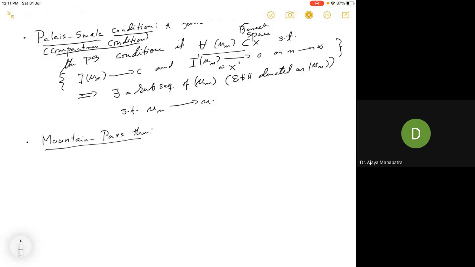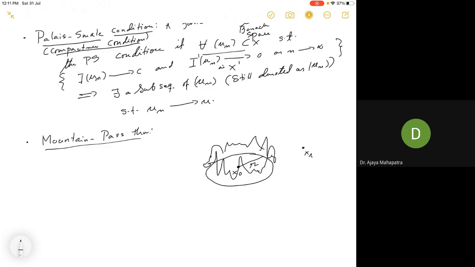So the idea is this. If you are beginning at some point, let's say x0 in the space, let's consider this screen of yours which you're looking at to be your Banach space X, and there is a point x0 on it. Then if you can find a ball around this point x0 which is at a distance of r, and if there is a point x1 outside it, so you have mountain ranges surrounding this.